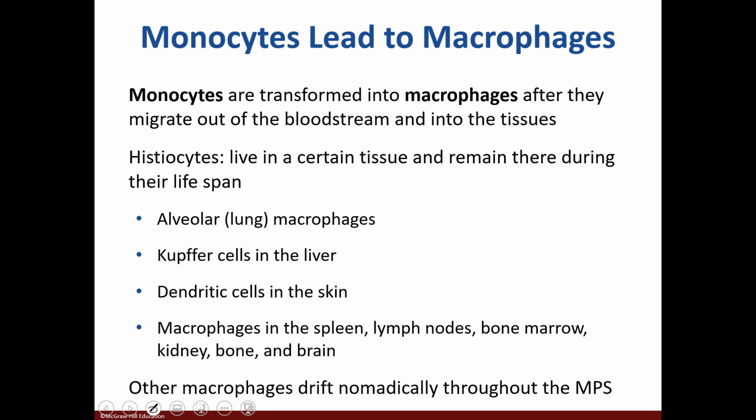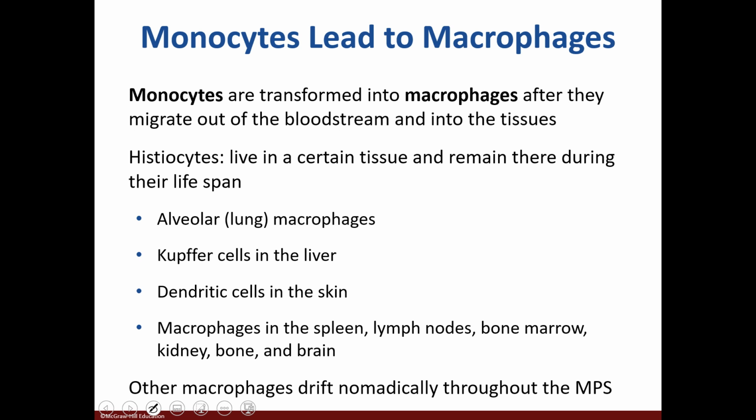Monocytes are another type of leukocyte that is phagocytic. They differentiate into macrophages once they make their way into the tissues. Specialized macrophages called histiocytes live and remain in certain tissues their whole life. They include alveolar macrophages in the lungs, Kupffer cells in the liver, dendritic cells in the skin, as well as others in various locations.